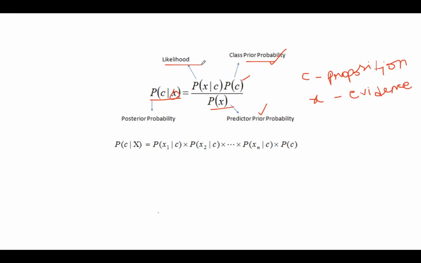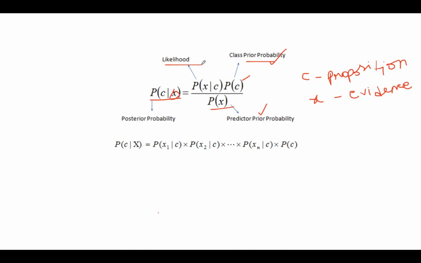This equation was for a single predictor variable, but in real world applications there is more than one predictor variable, and also for a classification problem there is more than one output class.